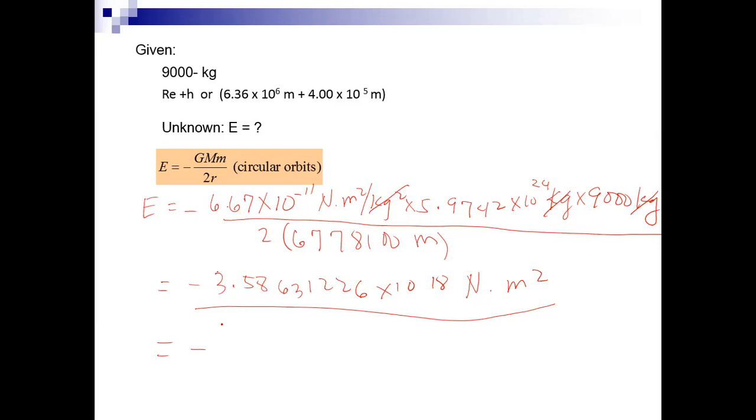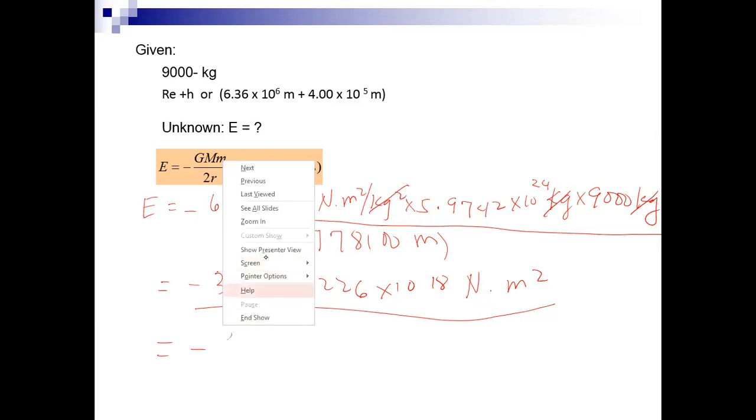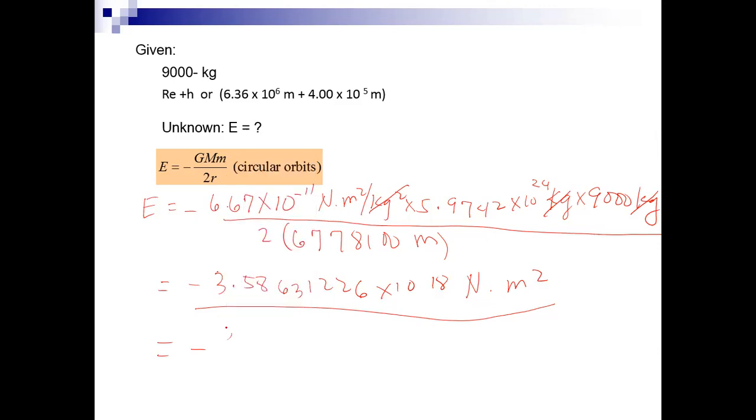Ubusan naman ako ng space. So this is 3.586312226 times 10 to the 18 Newton meter square divide. I'm very sorry.